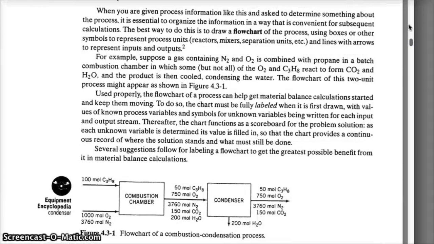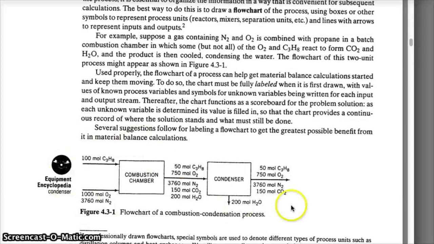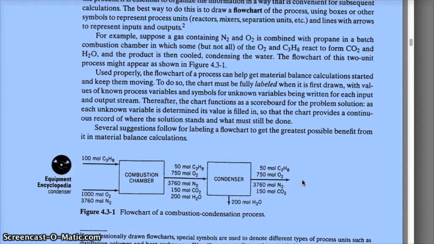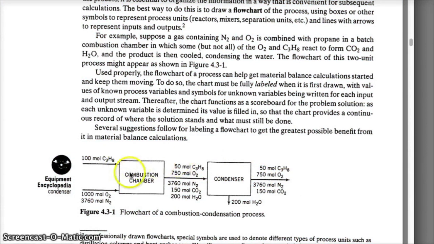Yeah, here. And so this is the general flowchart. So what goes in and what goes out, and what they call the algebraic symbol, which is this. This is mole, so the basis of calculation is mole.